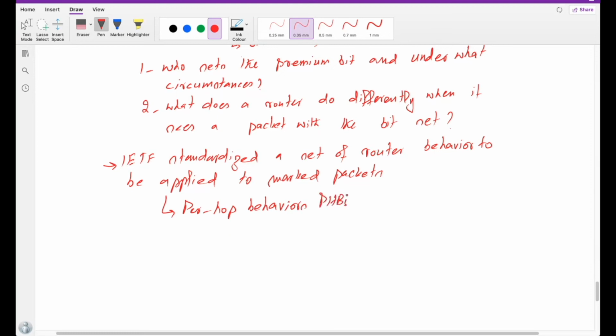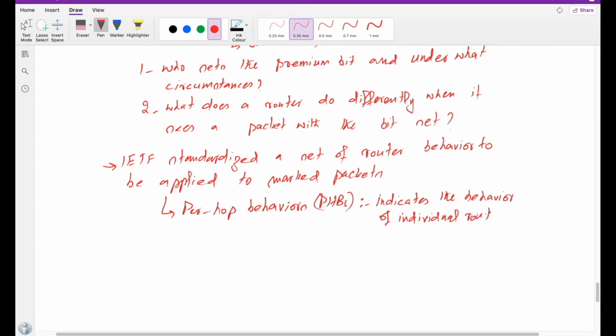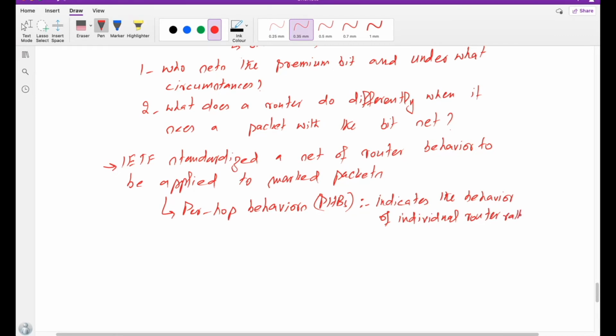Per hop behavior indicates the behavior of an individual router rather than end-to-end service.